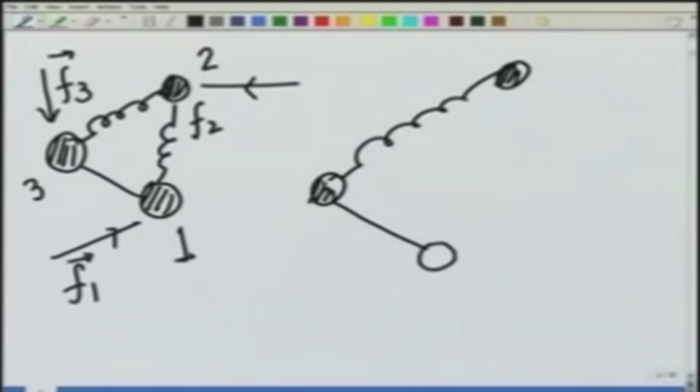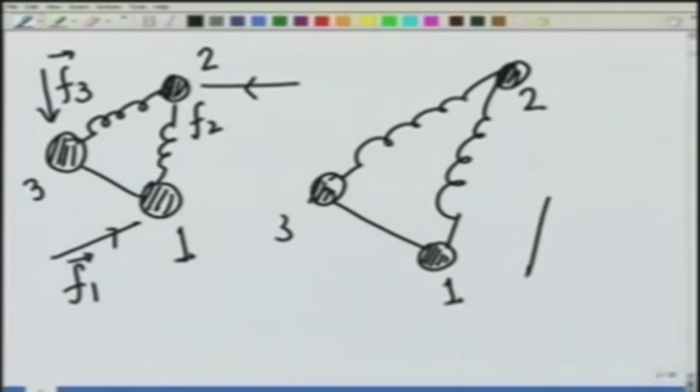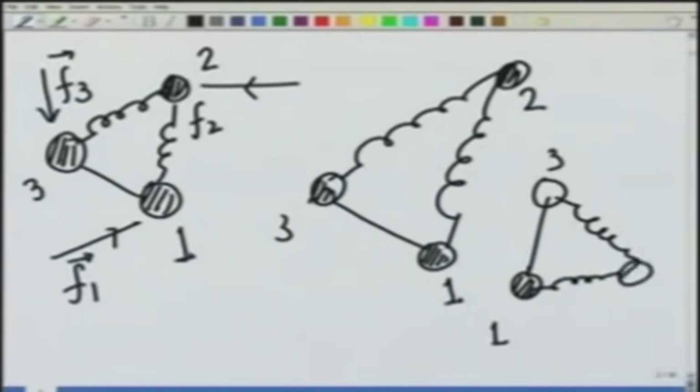This, let us say, is a rod which cannot change, and maybe this spring has stretched. Further, it could have changed its orientation. That is, if this is particle 1, 2 and 3, other situation I could have is maybe particle 1 is here, particle 3 is here, and this is particle 2.